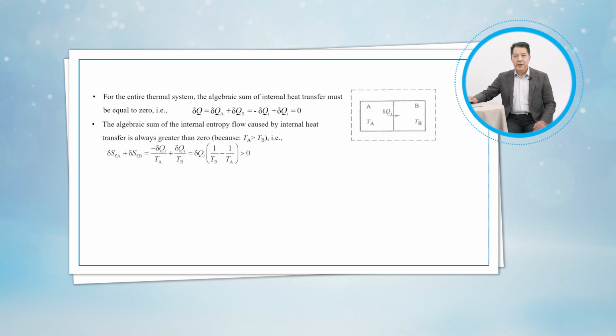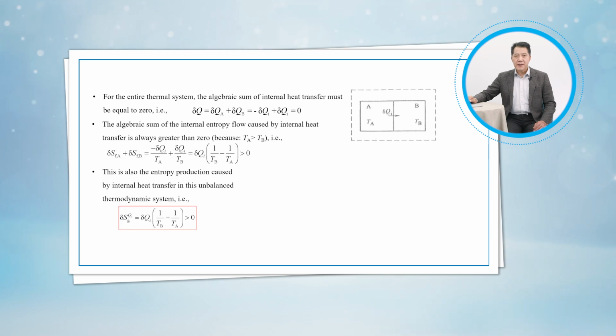The algebraic sum of the internal entropy flow caused by internal heat transfer, however, is always larger than 0. This is also the entropy production caused by internal heat transfer in this unbalanced thermodynamic system.